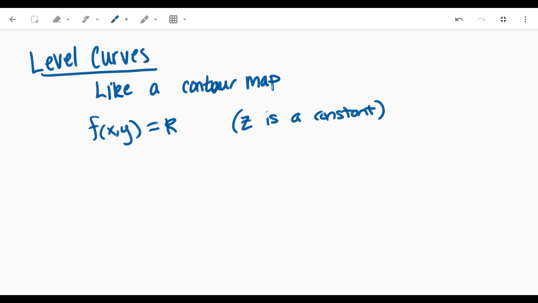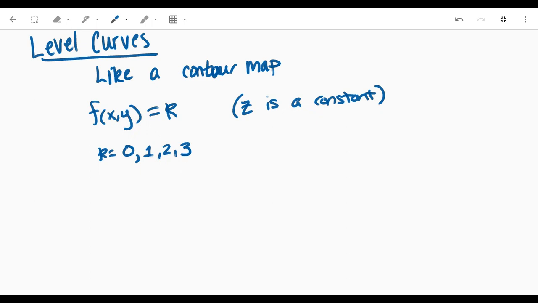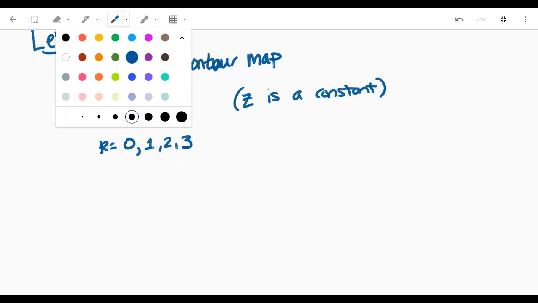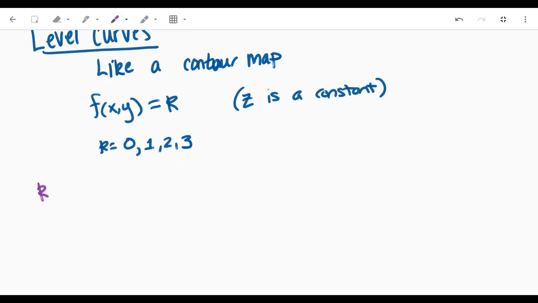If we were to do that same graph that we just did using level curves, a lot of times you're given the values. So we'll do k equals 0, 1, 2. We'll draw 3 level curves. Starting with k is 0, we're going to use f of x, y equals the square root of 9 minus x squared minus y squared.